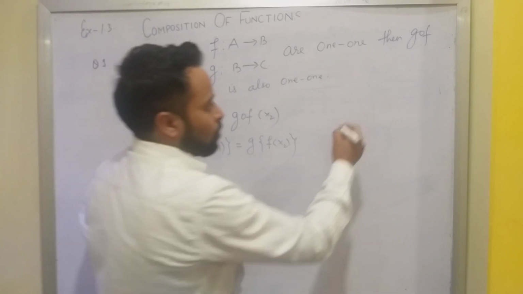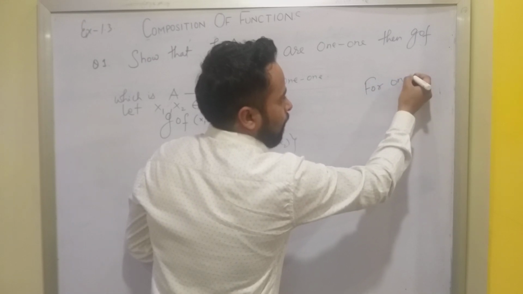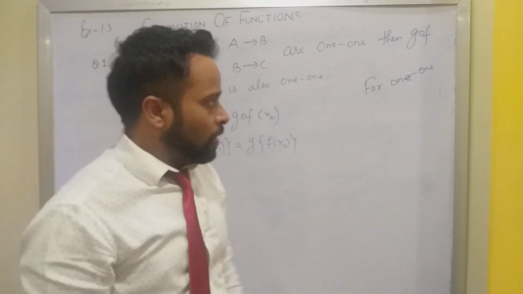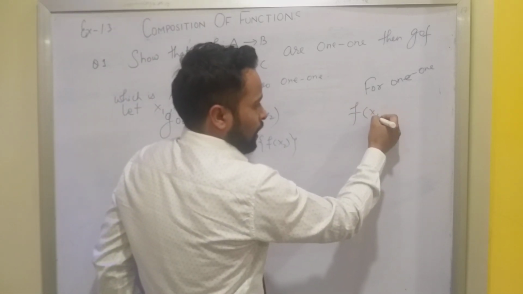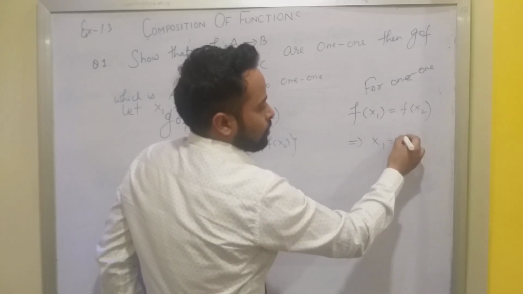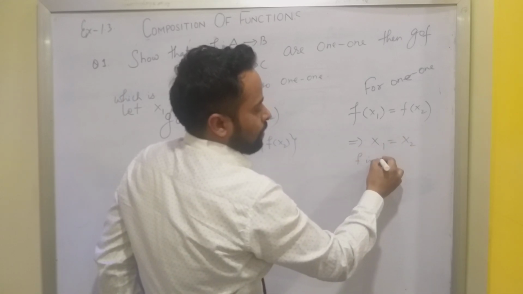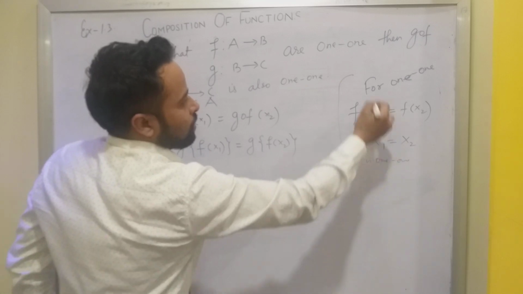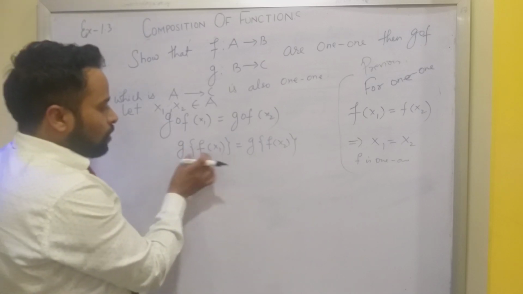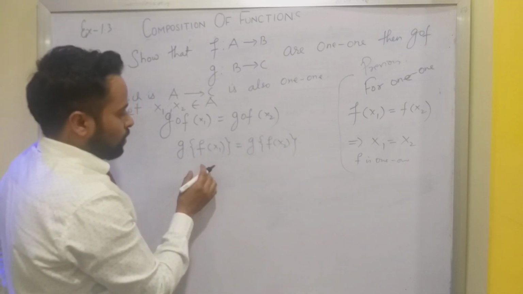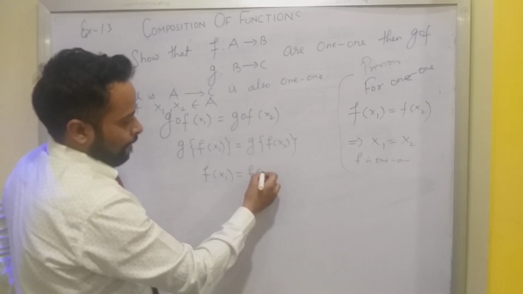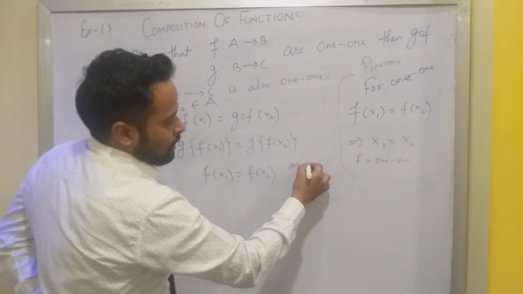What we used to do is, for 1 1, if you have seen my previous video, I have shown you that for a 1 1 function, if I take f of x1 equals to f of x2, implies x1 equals to x2. That was the previous concept video. So here also, g of x1 equals to g of x2 means x1 equals to x2, as g is 1 1.